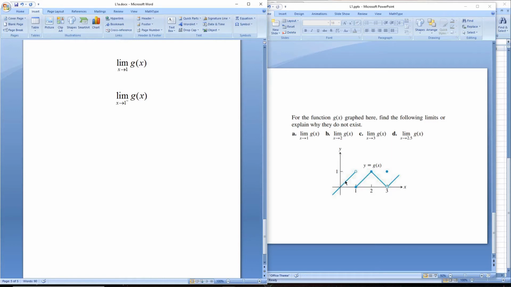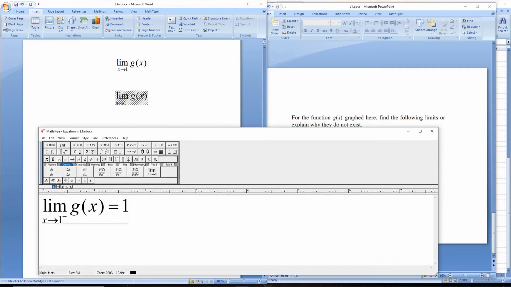Imagine a tiny little person that just walks on the function, like I'm using with my mouse cursor here. We want to know, as we approach 1 from the left, so that's this piece right here, and as we walk along the function and get closer and closer to our input of 1, we just look and see where we're standing. As we get closer to 1, we see that we're standing at a height of 1. And so we would say that this limit is 1.